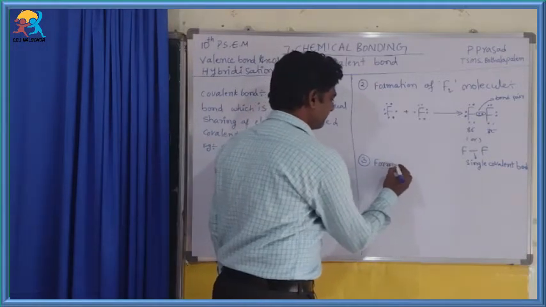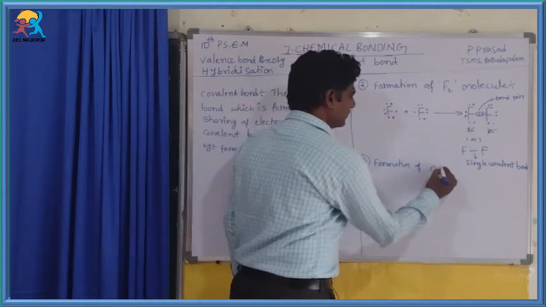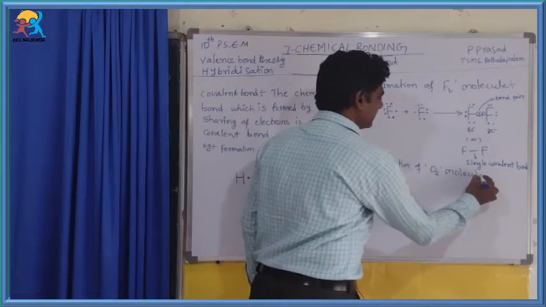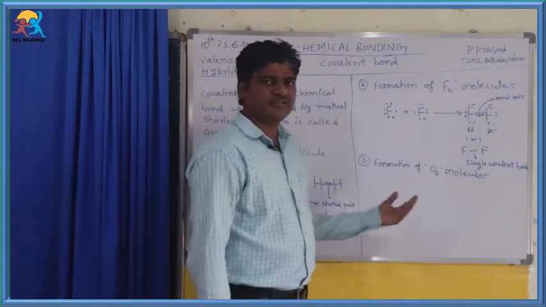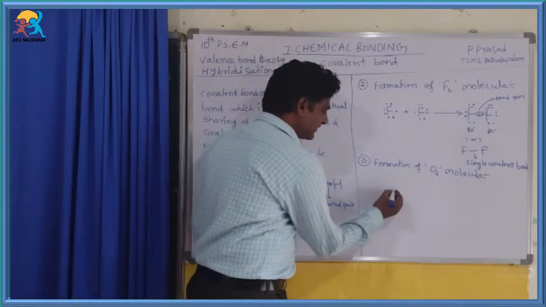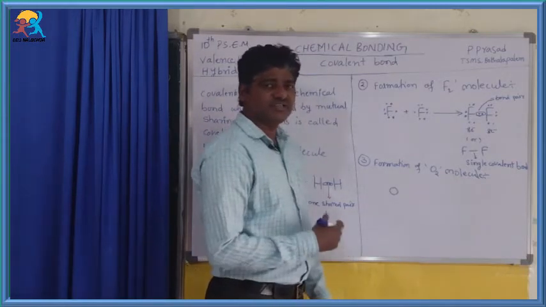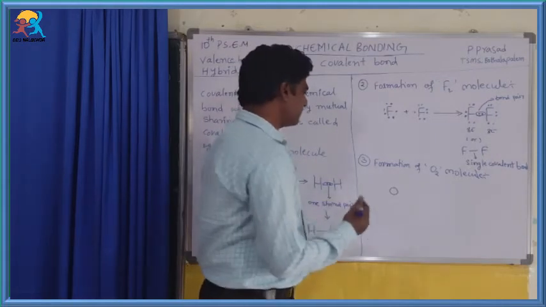Next, the third example is formation of O2 oxygen molecule. How is the oxygen molecule formed from atoms? To form the oxygen molecule, two oxygen atoms are required. What is the Lewis dot structure of oxygen? Oxygen belongs to group 6, so it has 6 valence electrons in the outermost shell.